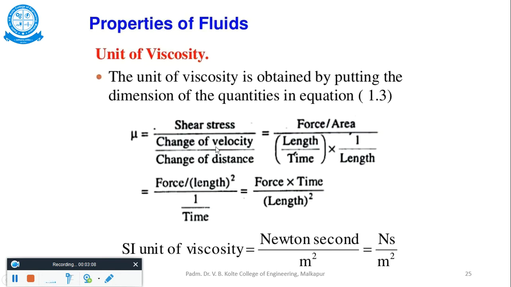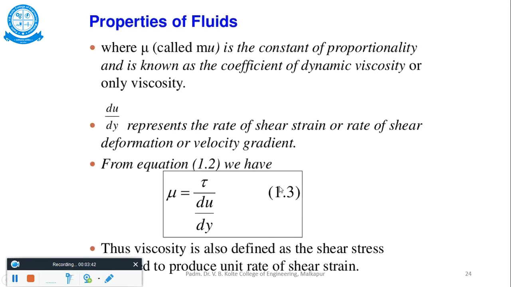The unit of velocity is length upon time, meters per second, where meter is the unit of length and second is the unit of time, multiplied by 1 by length for the distance. So the equation becomes force upon length squared upon 1 by time, that is force into time upon length squared. The unit of force is Newton, unit of time is second, and unit of length is meter. So the unit of viscosity is Newton second per meter squared.